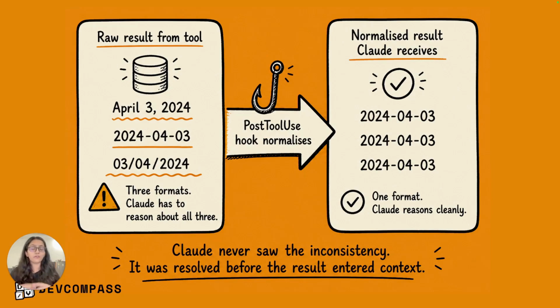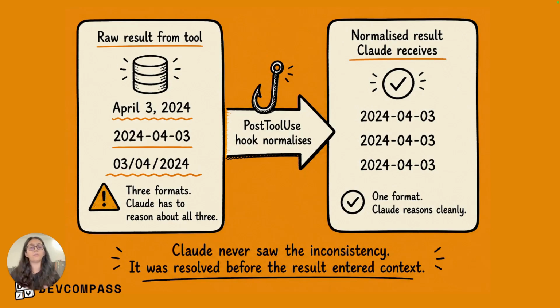The large arrow in the center of the slide, which is the PostToolUse hook, runs. Your code intercepts the result before it enters the conversation history. Now, if you look at the right panel, what Claude actually receives is 20240403 every time, one format consistent throughout.